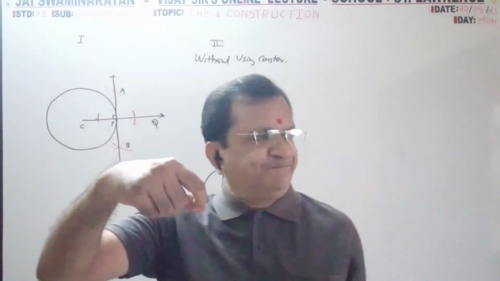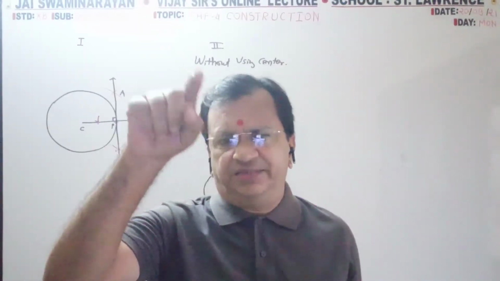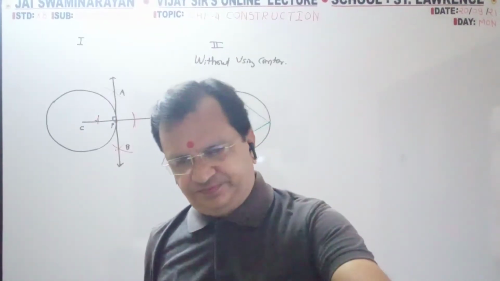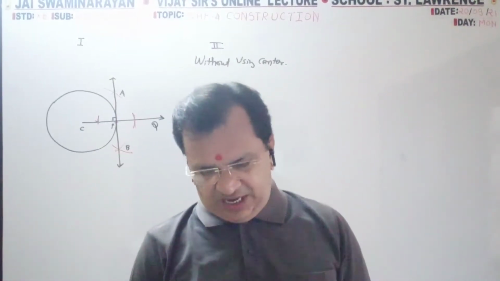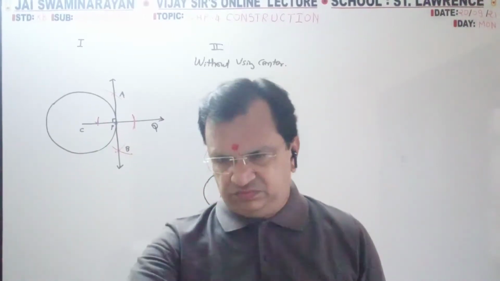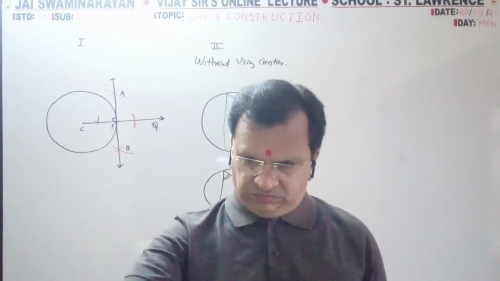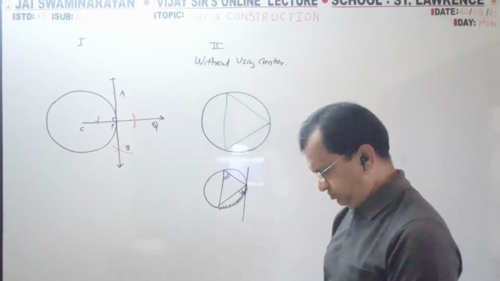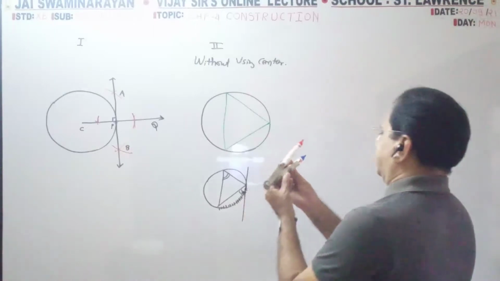So first draw the circle, then draw the triangle, then 3 arcs.